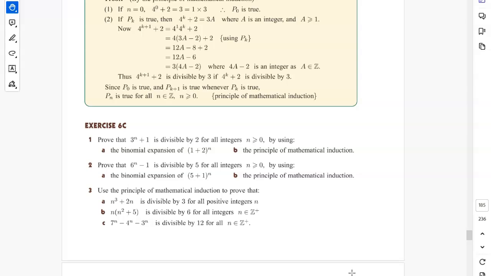It is basically just summarizing the process. Since P of naught is true, isn't that the first thing that we proved? And we proved that pk plus 1 is true whenever pk is true, therefore pn is true for all. So it's basically summarizing what you did. Do you have to write it every single time? Yes.